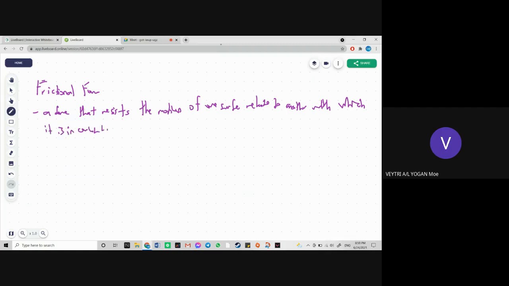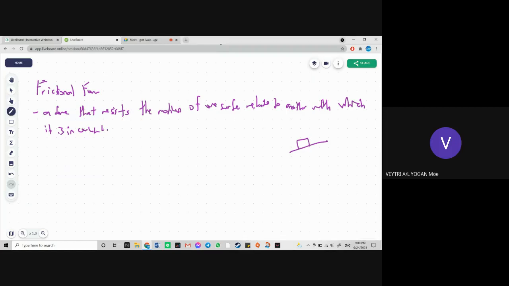Let me just repeat. Frictional force is a force that resists the motion of one surface relative to another with which it's in contact. Maksud dia, no need to worry about your language or so on. It's basically what does it mean is, let's say ada surface, ada lagi satu objek dekat atas. The moment the surface is rough, that is frictional force. That's what they mean. Okay, jangan risau sangat.